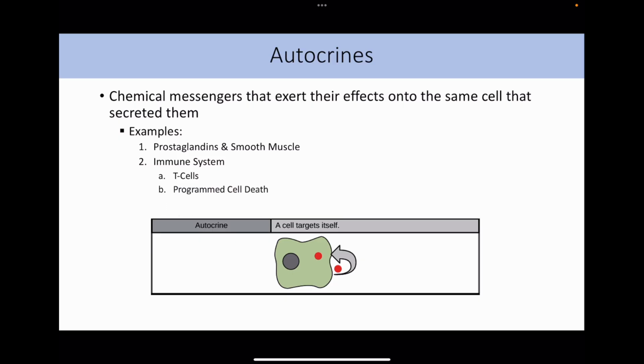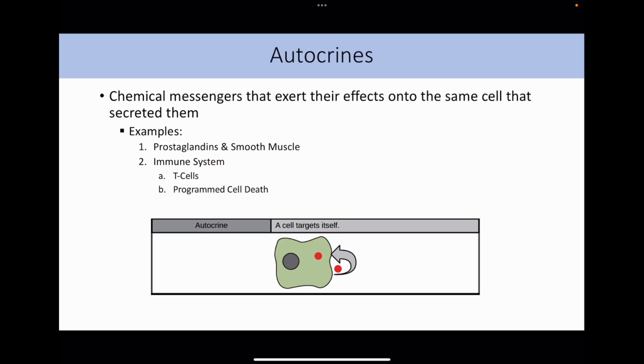And programmed cell death. We'll talk about a lot of this in the immune system as well. Sometimes when cells are not working to their optimum, when they're not doing a very good job at the functions that they're carrying out, sometimes they'll send a signal to themselves to essentially kill themselves. I'm not doing my job correctly. I'm not providing a usable service to this body.